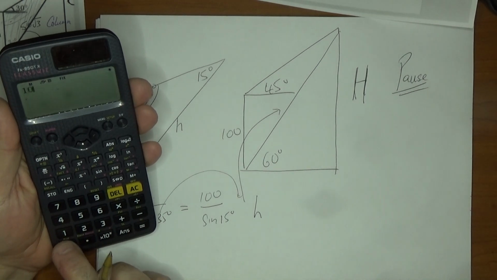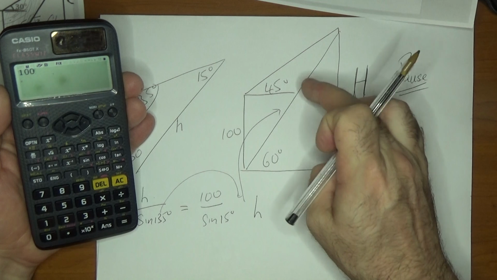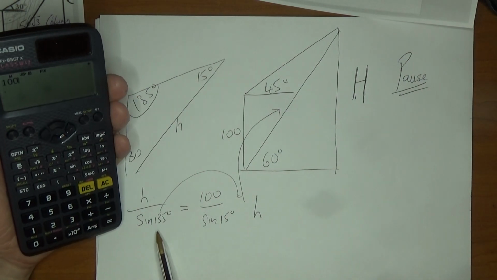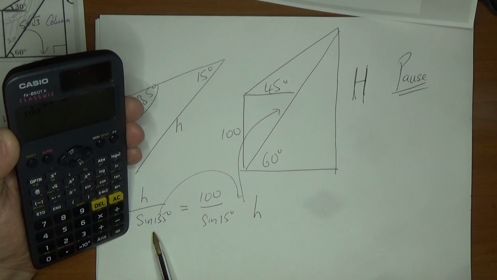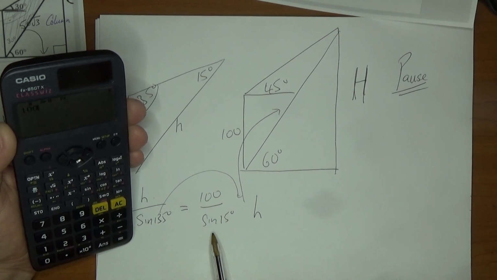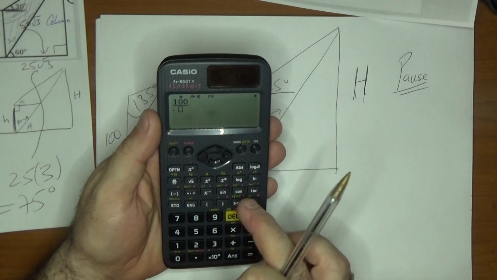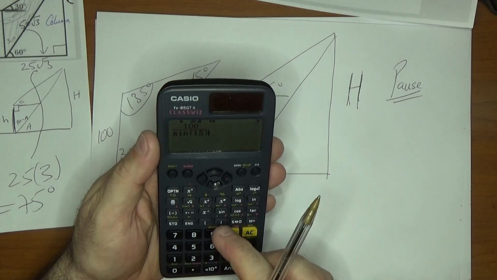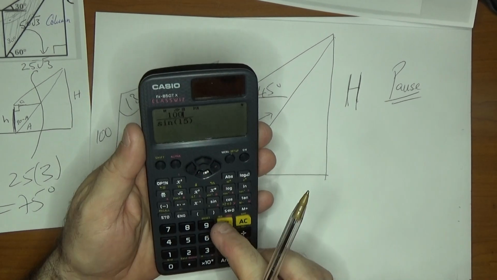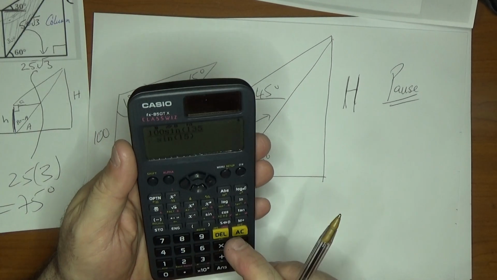So you get 100 times, this will obviously be longer than this, and it's going to be really amped up by the sine of 135, which is the same I think as sine 45, over the sine of 15 degrees. So I'm downstairs already because of the way I pushed the buttons on my calculator, so I'll go down there and get the sine of 15 degrees in, and we multiply by the sine of 135 degrees.